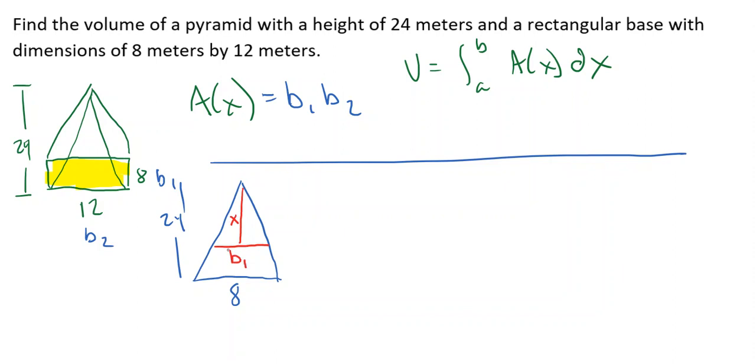So the base in reference to some value of x, we have similar triangles. We can say that B sub 1 is to x as 8 is to 24, or B1 is equal to 1/3 x.